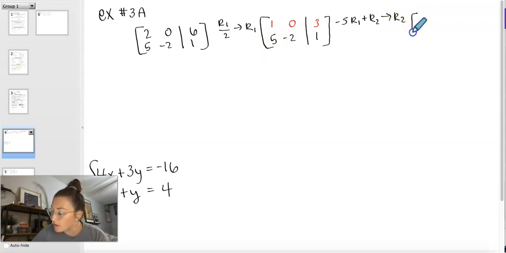Alright, let's write it out. So now row 2 is changing, row 1 is the same. So just copy row 1 back down. Row 2 is going to change. This whole row is going to be multiplied by -5, and then I'm going to add it to row 2. So -5 times 1 is -5, plus 5 is 0.